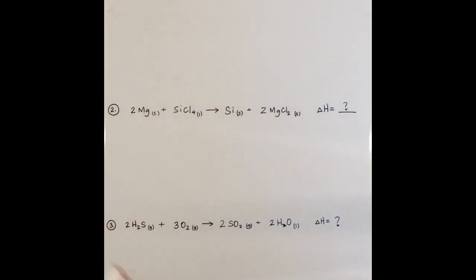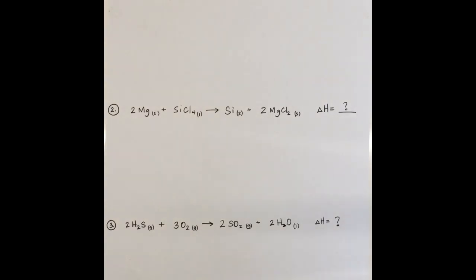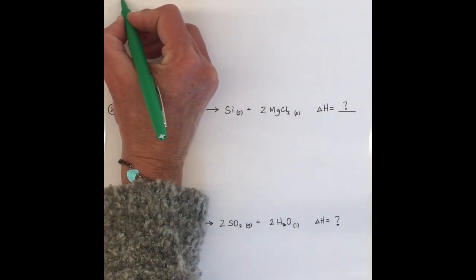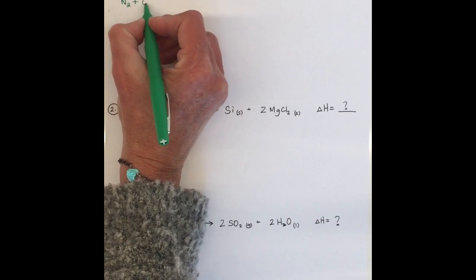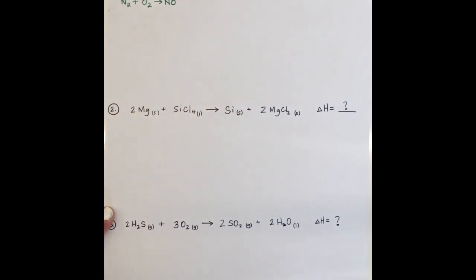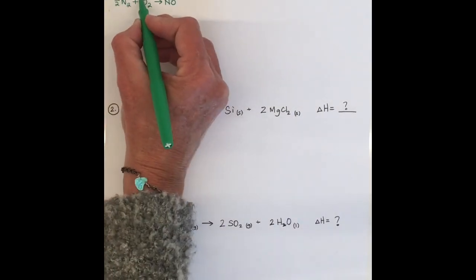So I need to write the formation equation for that and that, which is what we had learned before we went to spring break. So the formation for NO is like this: N2 plus O2 make NO. Now I've got to balance it. This is 1/2 N2, 1/2 O2.